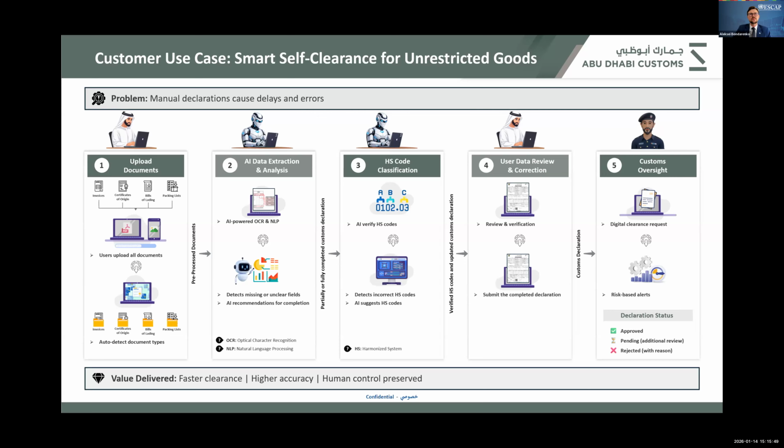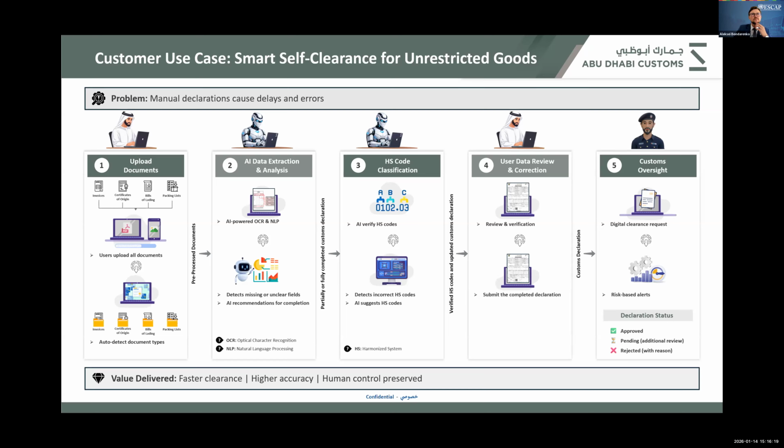You can see that the use case is live today on our channels, and it is optional, not mandatory. The customer can upload the documents that they usually upload into the system, which are used to fill the fields related to the declaration, like the invoices, certificates of origin, bills of lading, as well as the packing list, by taking a photo from their mobile camera or a scan.